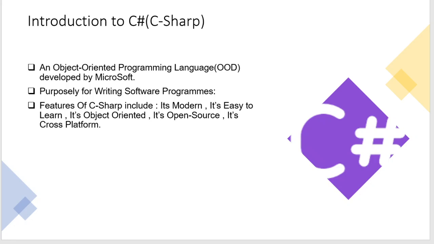As you're going to see, it's a very easy language to learn. Also, it's an object-oriented language and it is open source. C# is also a cross-platform language, and it is used by large corporations in many desktop applications and mobile applications. In one way or the other, you must have encountered a C# app.